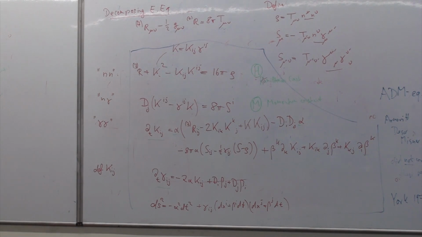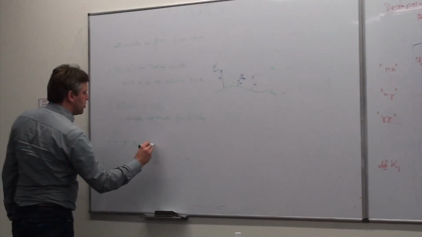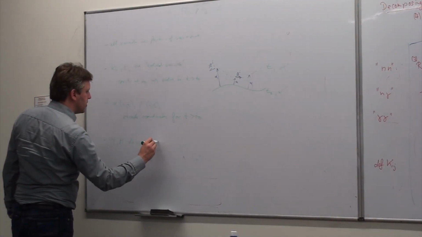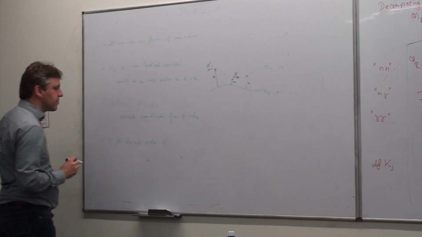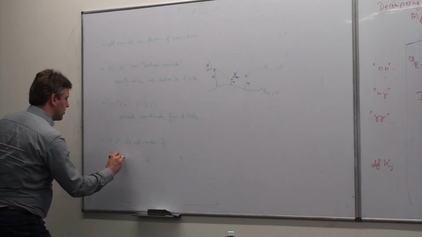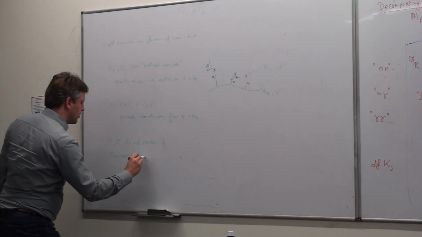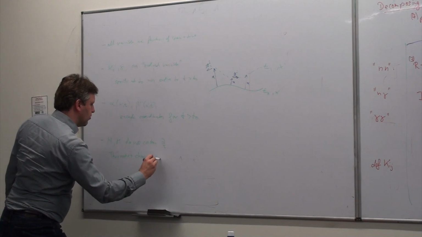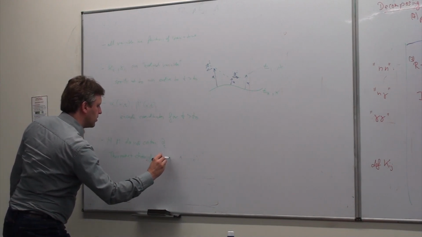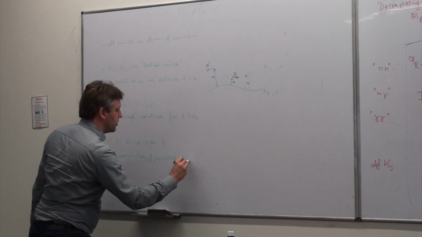So H and M do not contain time derivatives. They restrict the choice of permissible Kij and gamma ij.